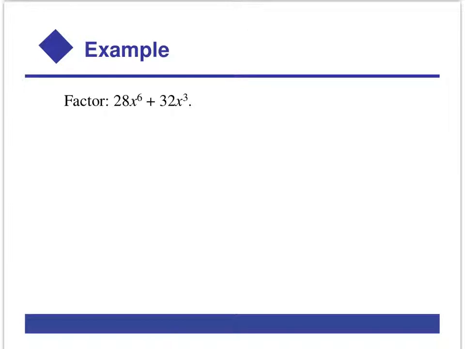Again, we're going to factor. So if you can't figure out what the GCF is, you can look and do the prime factorization. In this case, I know that the exponent on the variable is going to be x cubed. So that tells me right there I can take out an x cubed because there's an x in each one of them. And then what would go into 28 and 32 evenly?